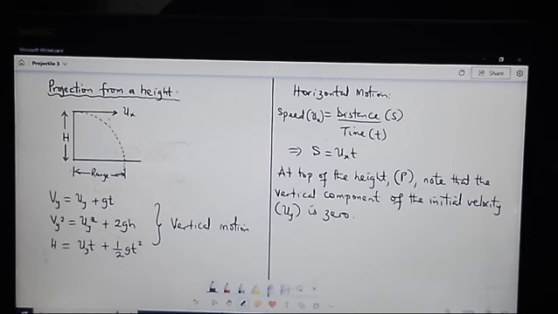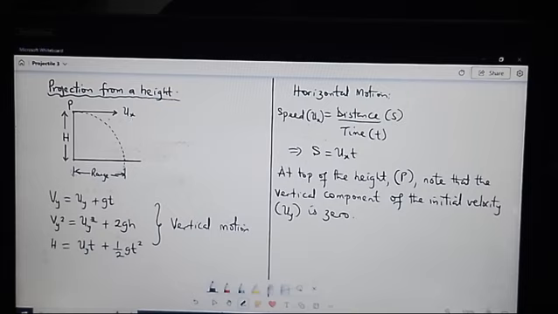So let's look at another case of projectile where an object is projected from a height. This is a diagram. Let's call this point P. Now, this object is projected horizontally with a horizontal velocity u. We use the subscript x to indicate it's in the horizontal direction.